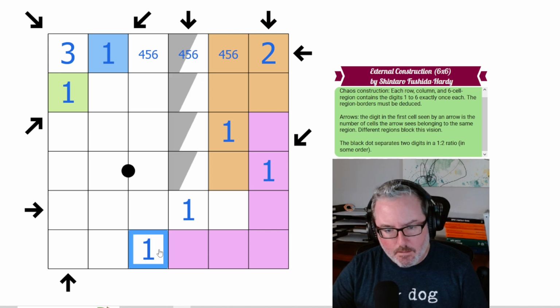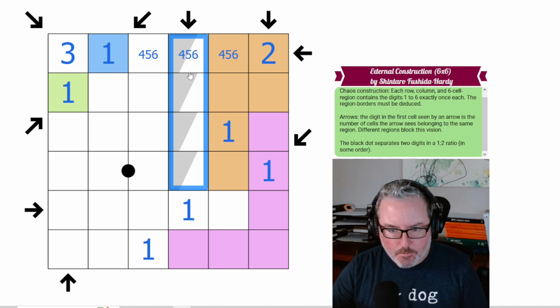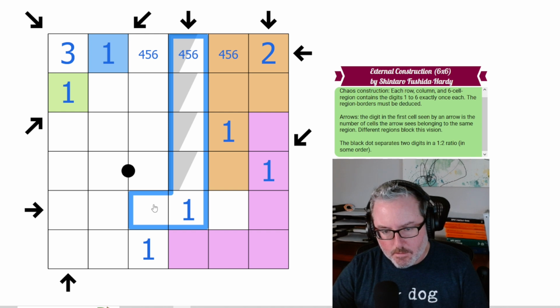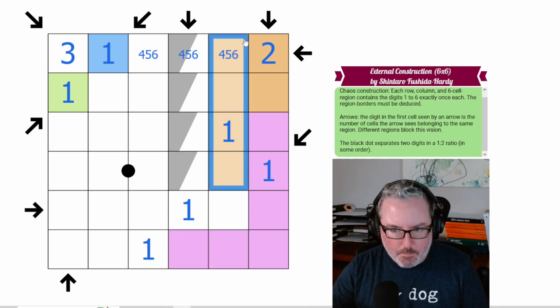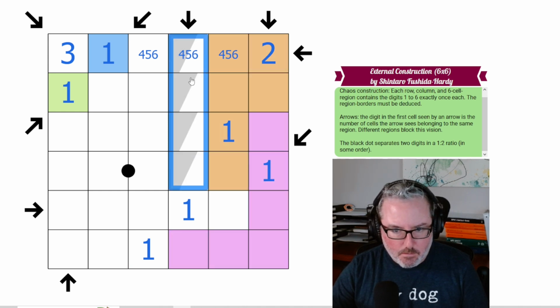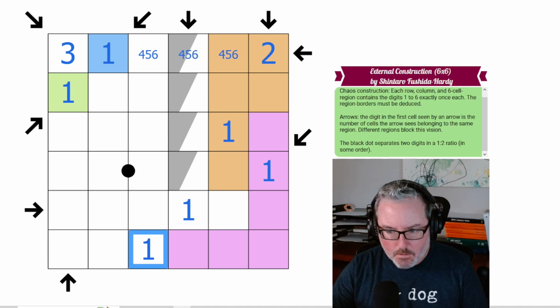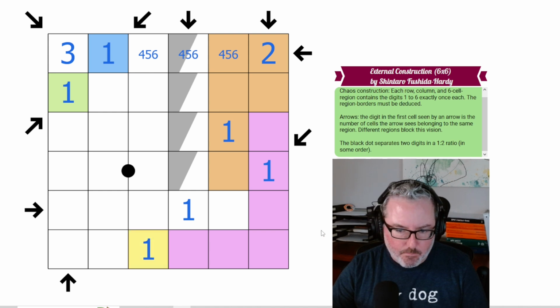We can say that this 1 cannot be part of our gray region, because we already got 4 as a bare minimum. The 5 and 6 wouldn't get me there, so this has to be its own separate region. It can't be magenta, it can't be orange, it can't be the grayish color, and it can never connect back to either of these 2. So therefore, it's its own entity. We'll make it yellow.